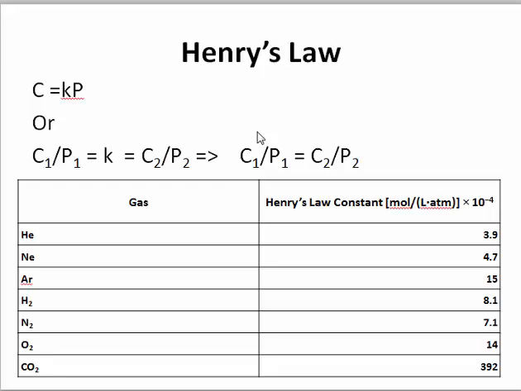This process form of Henry's law allows us to describe what happens to the concentration of a gas in a liquid as the pressure of the gas over the liquid goes up or down.